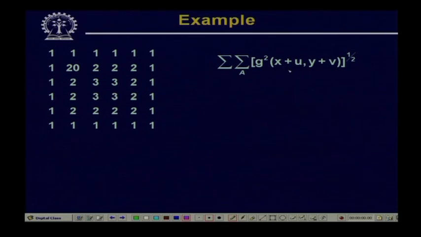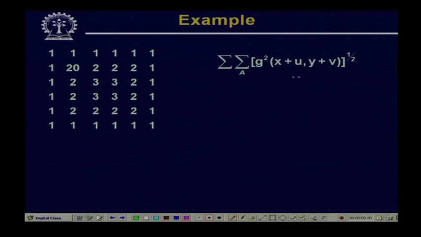This is the one that we have to compute for all possible shifts in the given image G, and we have to normalize the cross correlation that we compute with the help of this quantity. So, if I compute this, again let us take the same location.